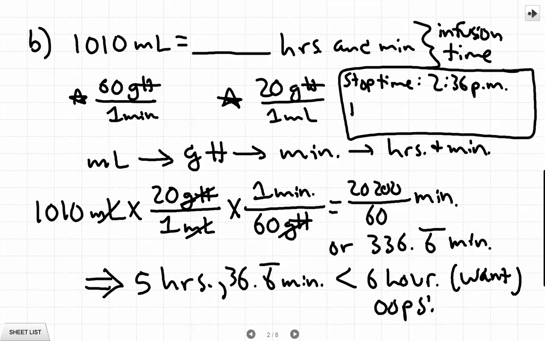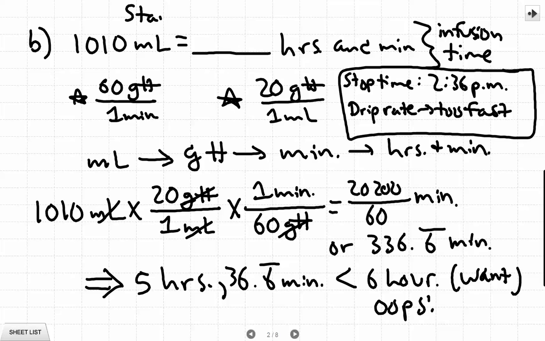And so the drip rate was bad. The drip rate was too fast, because we ended up about 24 minutes before the stop time of 3 o'clock. If you hadn't figured this out by now, the start time should have been at 9 a.m., right?